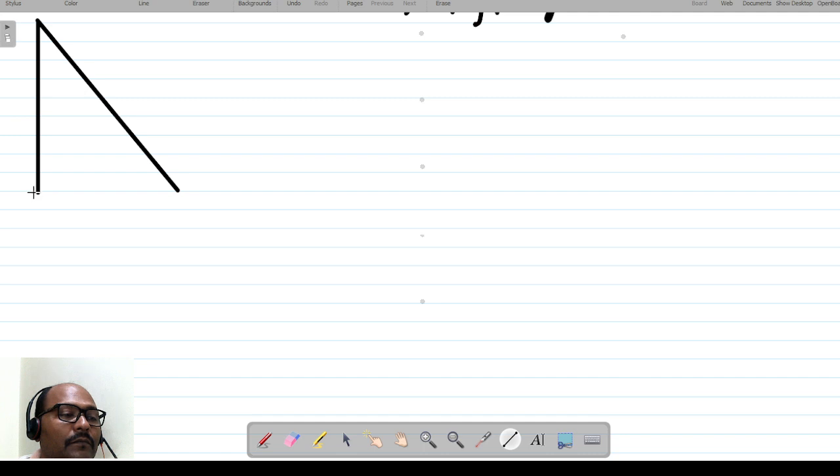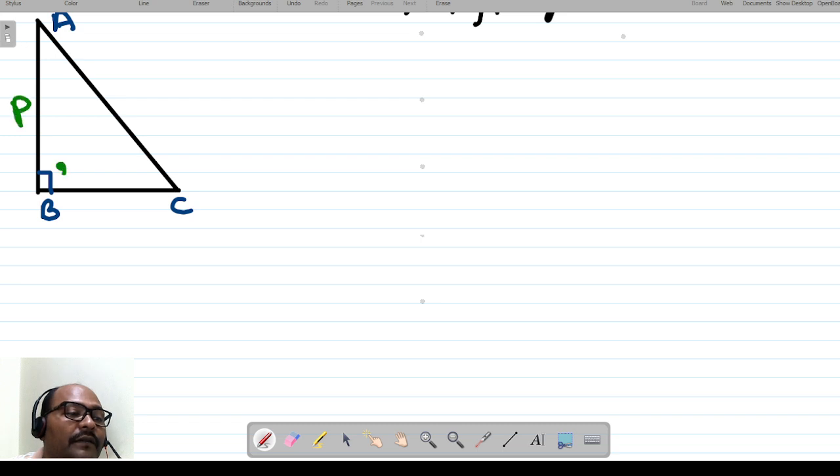So similarly, for the same right angle triangle ABC, where A is here, the triangle is right angled at B, and this is C. We have already discussed that AB is the perpendicular P. In this way, we are representing 90 degrees, the standing angle, right?